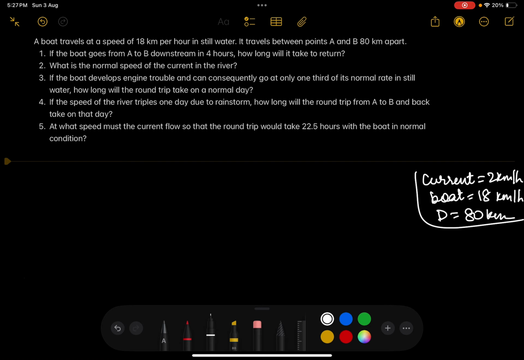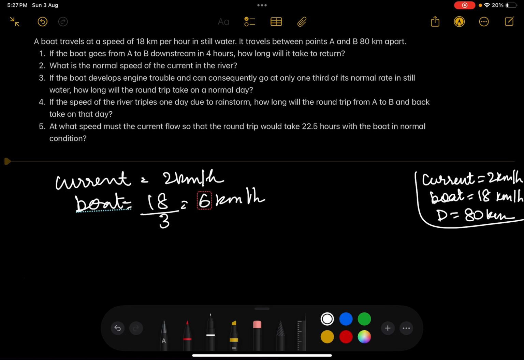Therefore, current remains the same at 2 km/h, and boat becomes 18 by 3, which is 6 km/h. Okay, this is what we are going to get.